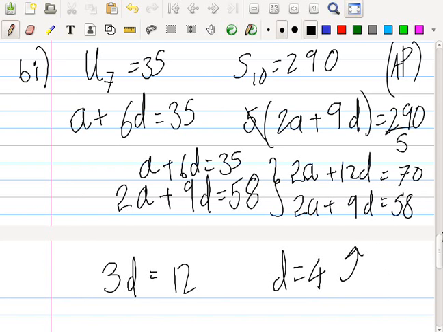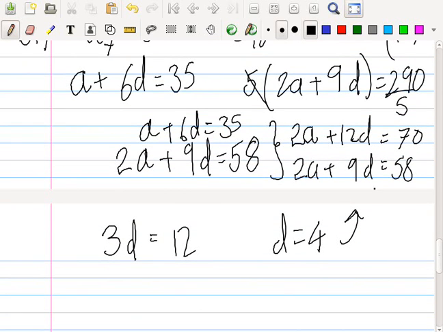And then I can put that back in there to get the a, so that's 36, so 58 minus 36, so that's 22 divided by 2. Okay, so then a is 11. I multiply this one by 2, yeah. One is enough, yep.